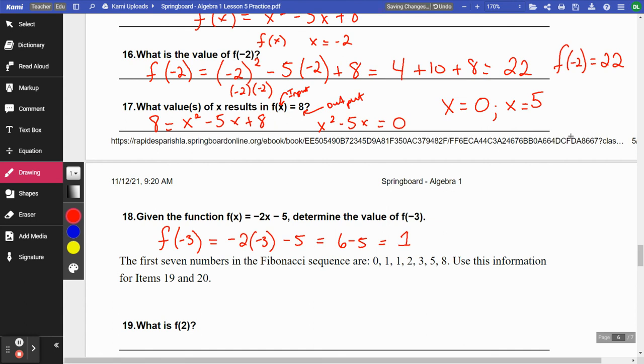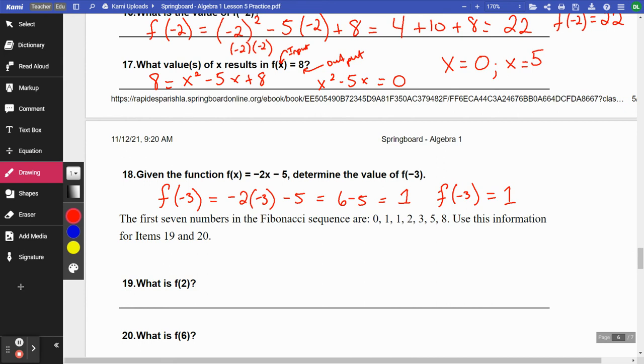So the f of negative 3 would be 1. All right.